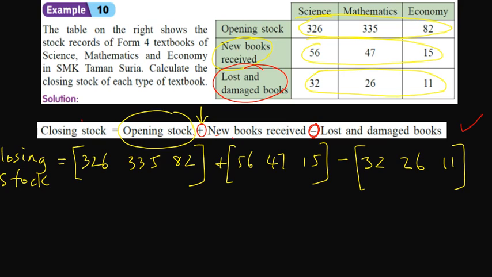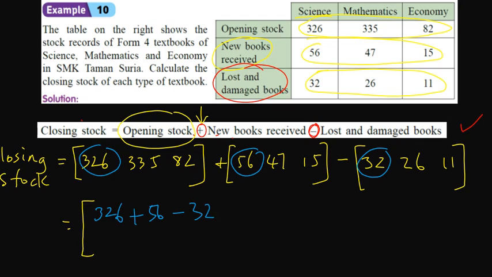Yes. So what do you get? You must do the operation with the corresponding elements. So 332 6 you must add with 56 and minus with 32.